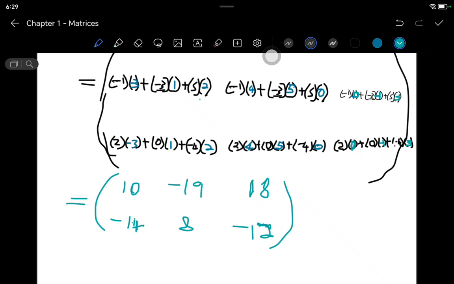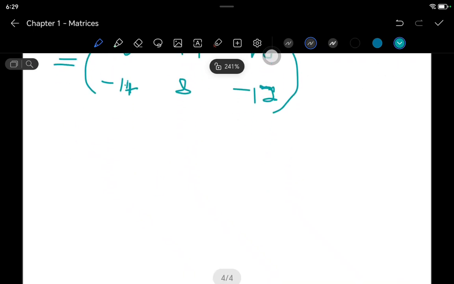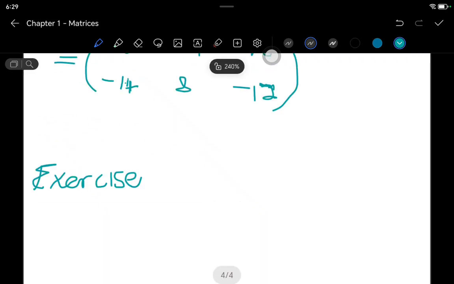Let me give you one exercise. Let's say we let A be equal to 1, 2.